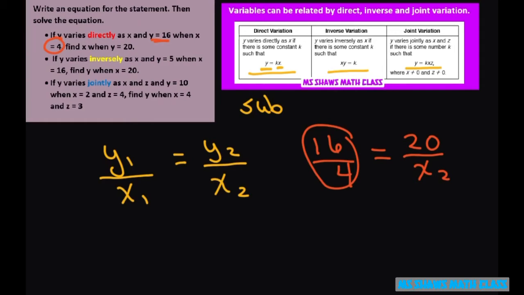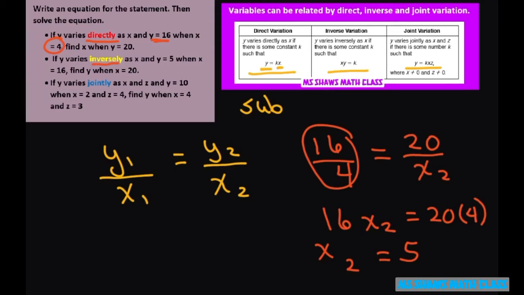So when you cross multiply, you're going to get 16 x sub 2 equals 20 times 4. You could have reduced that earlier, and then when you divide this out, you get x sub 2 equals 5. So this one's the most common one that you're probably already used to.